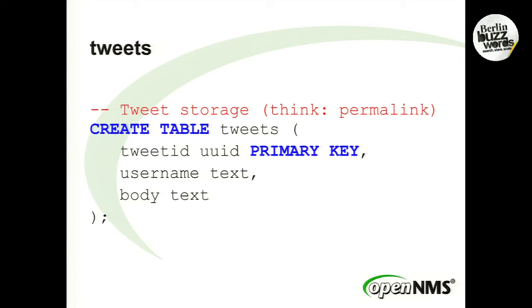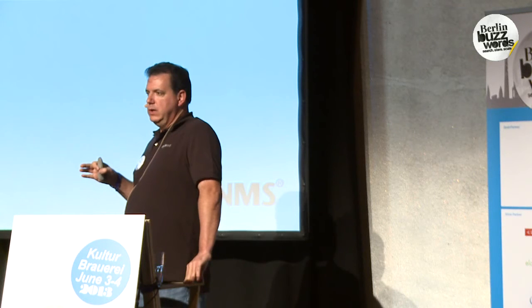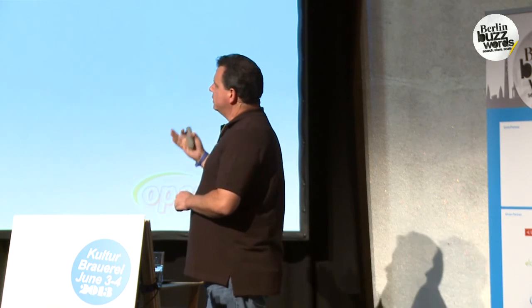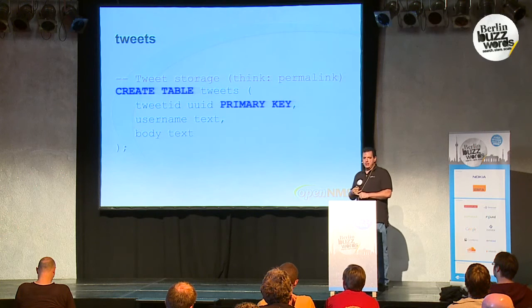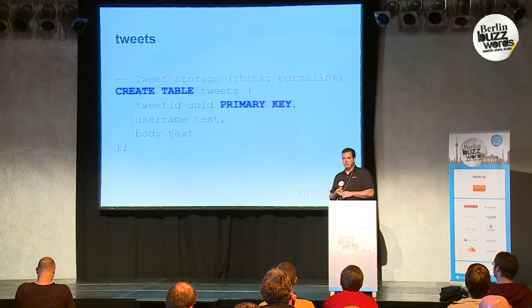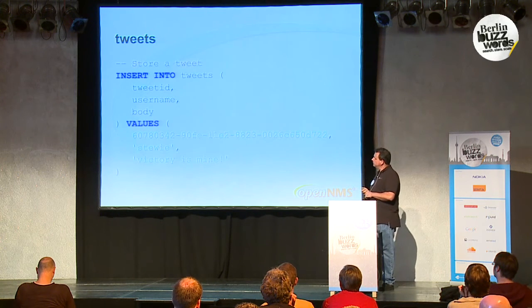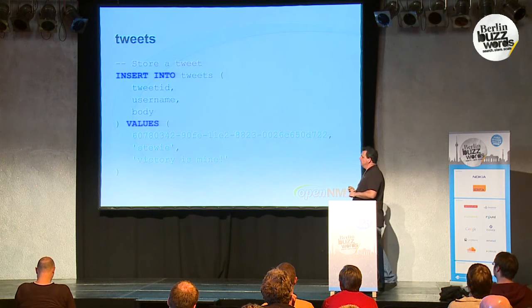UUIDs feature rather prominently in Cassandra because we need something that's globally unique. And something like a monotonically increasing integer would require coordination, and this is a distributed database. So we have a tweet ID, which is a UUID, and we have a username and the body, so that when we query this out, we'll have everything we need.